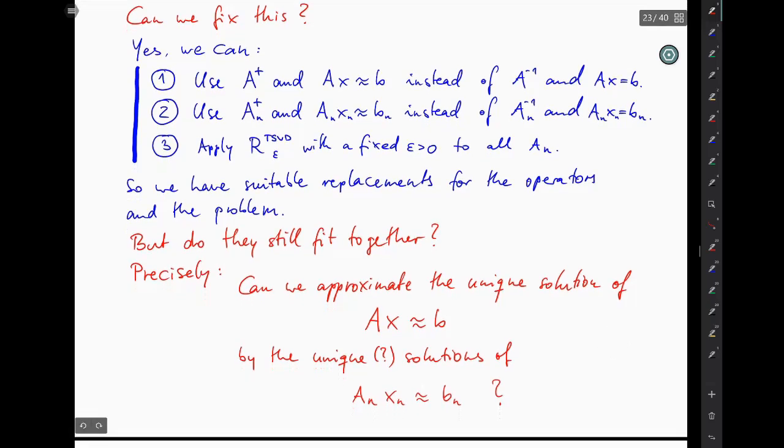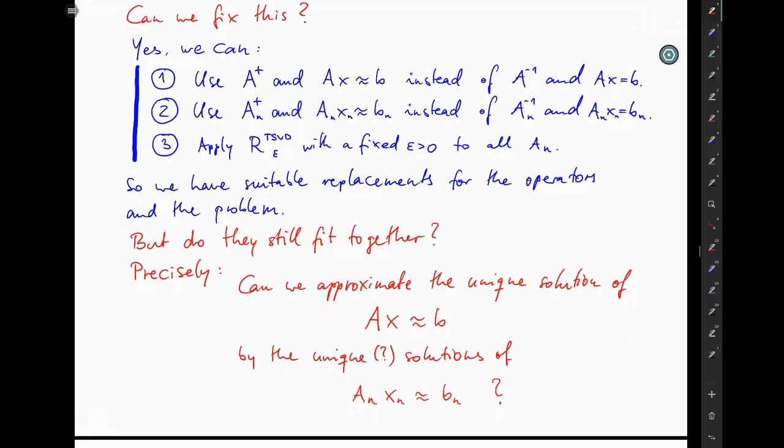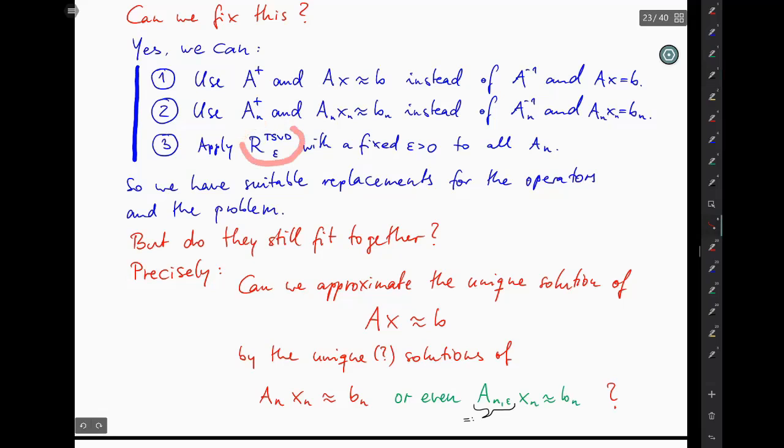Or maybe we even had to fix step number 3 and apply the TSVD to these ANs. And here we abbreviate the TSVD regularization of AN. Okay, so that's the question.